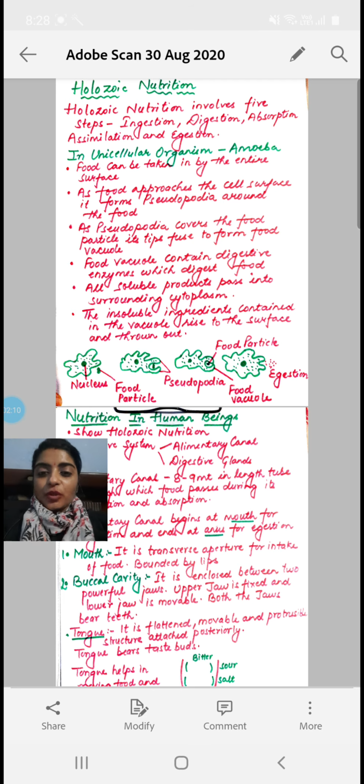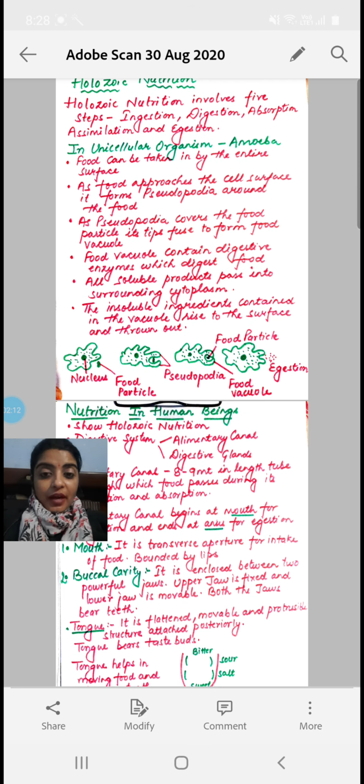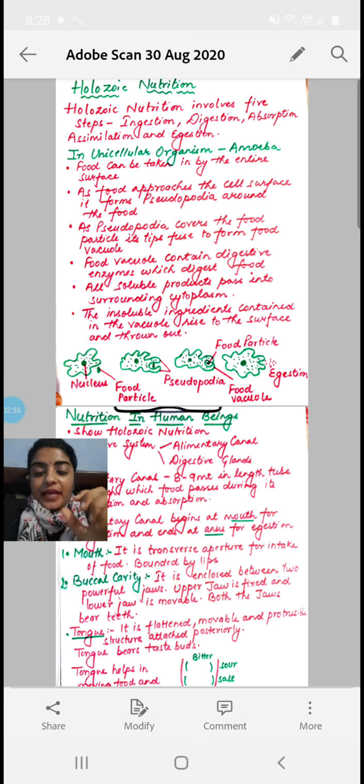The plasma membrane of amoeba is flexible and it forms a specialized organ called pseudopodia around the food particle. As the food particle approaches near to the amoeba, the amoeba forms an outgrowth from its body, from the plasma membrane. That outgrowth is called pseudopodia.